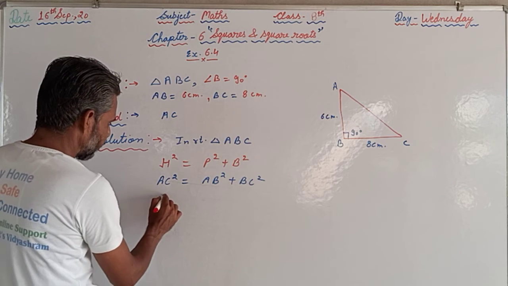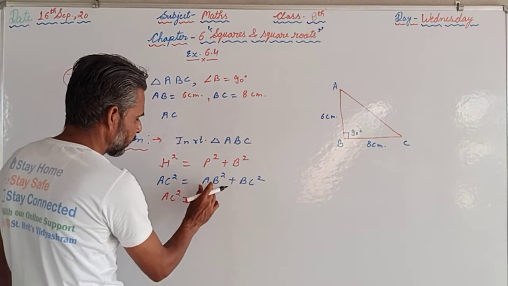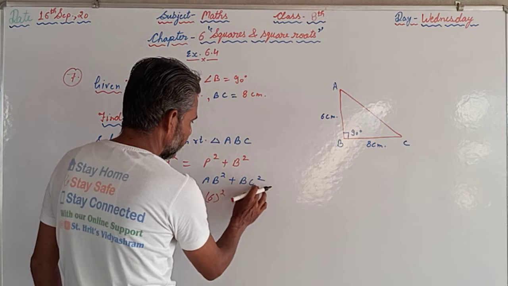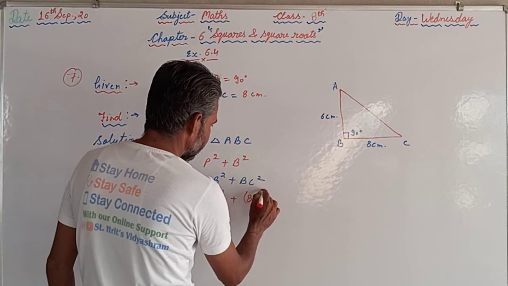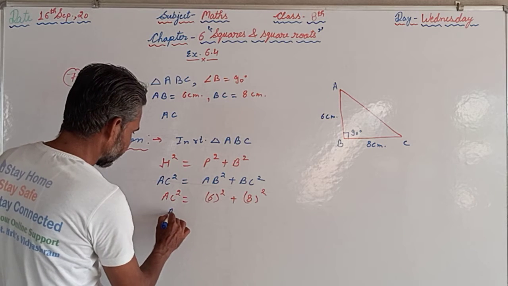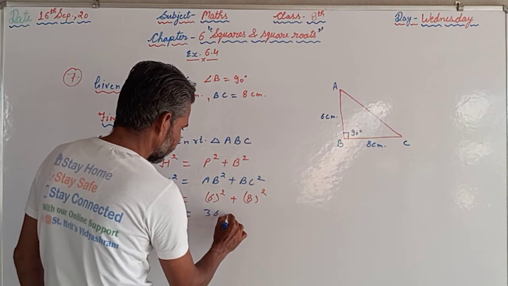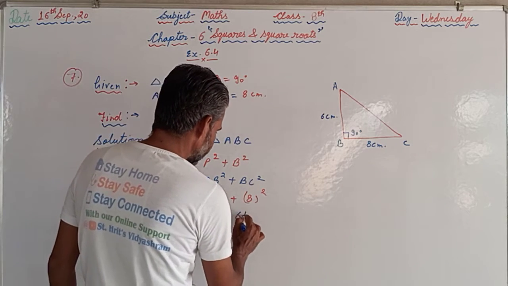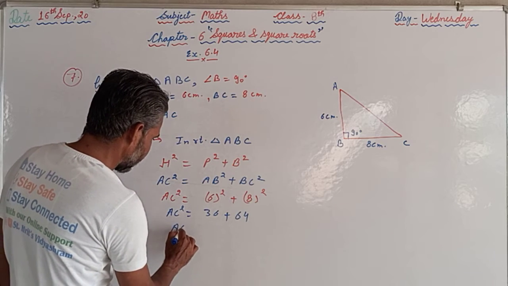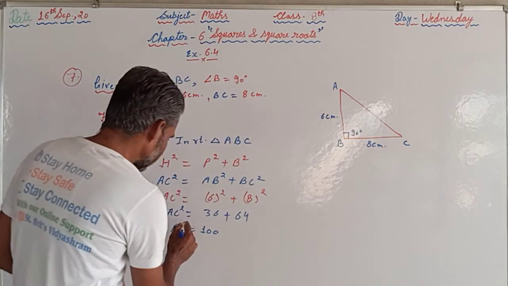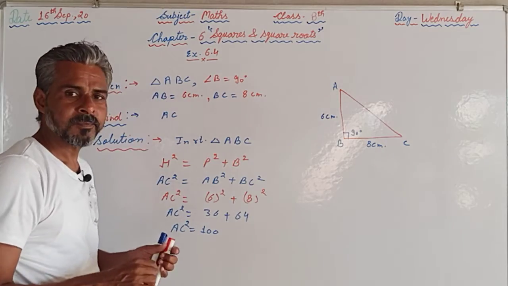So AC we have to find, we don't know, and AB is 6, means 6 square, plus BC is 8 square. So from here we get that AC square is equals to 6 into 6, 36, plus 8 into 8, 64. From here we got AC square is equals to 100.